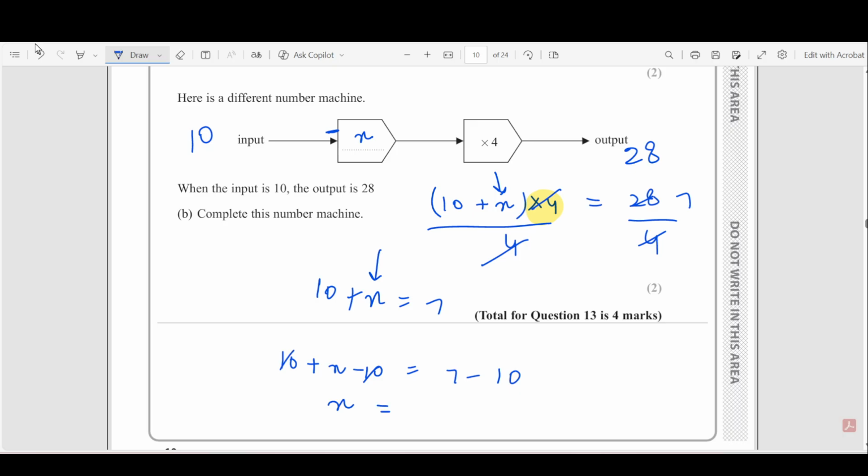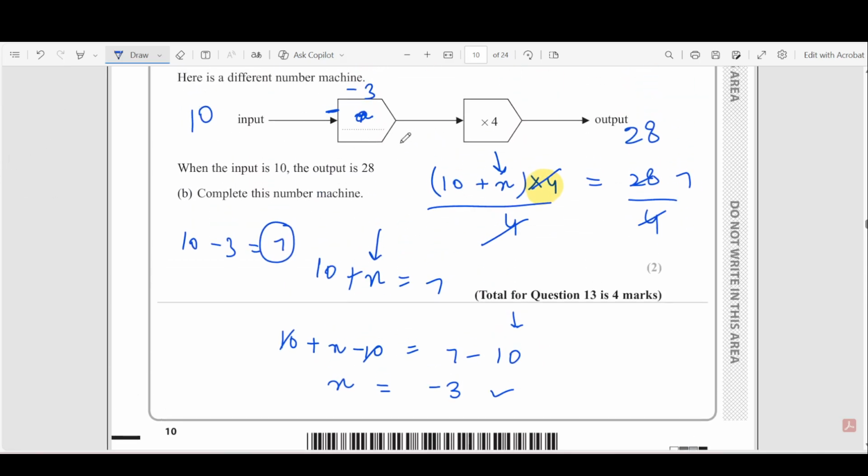And 7 minus 10 is 3. The bigger number is 10, which is negative, so the answer is negative 3, right? So that means x is minus 3. Now we can even check. 10 minus 3 gives 7, right? Then 7 times 4 is 28, right? So that means our answer is correct. Clear?